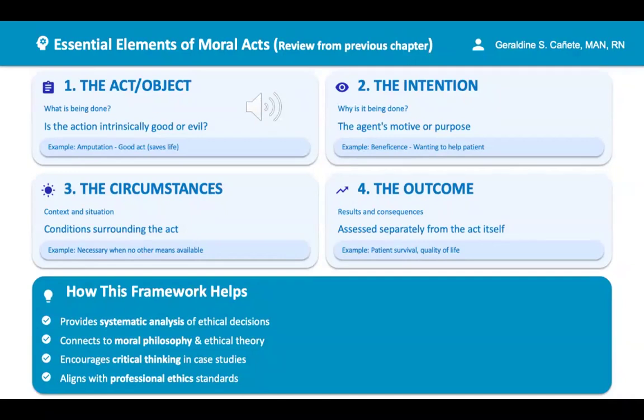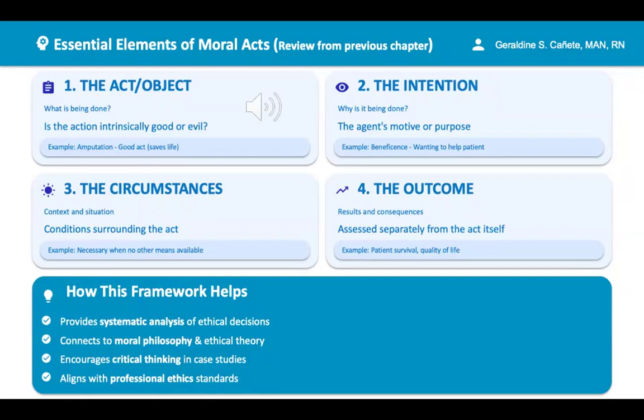Let's try a quick exercise. Think of a common nursing action like administering medication. What is the object of this action? What is the intention? What are some potential circumstances that might affect the morality of this action? And then what are the consequences?